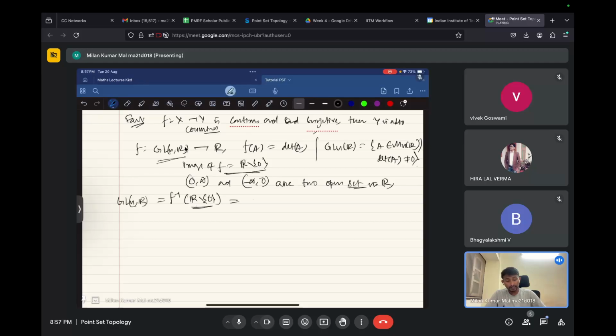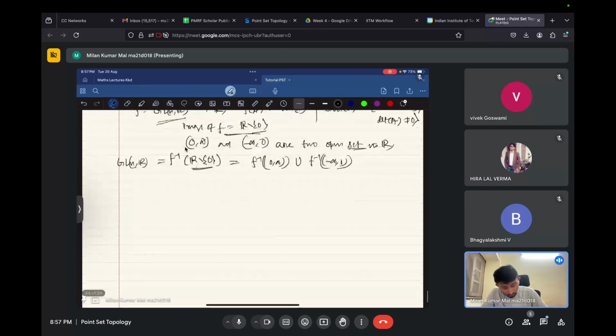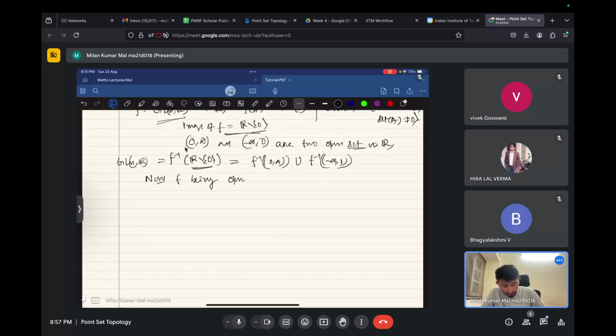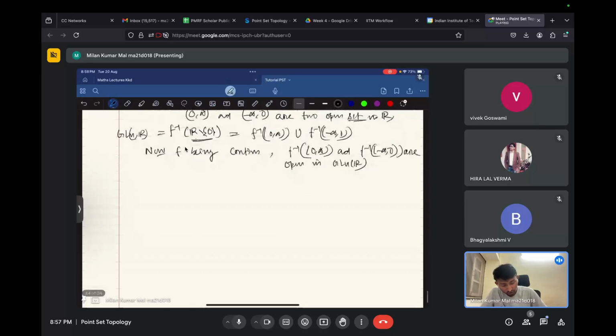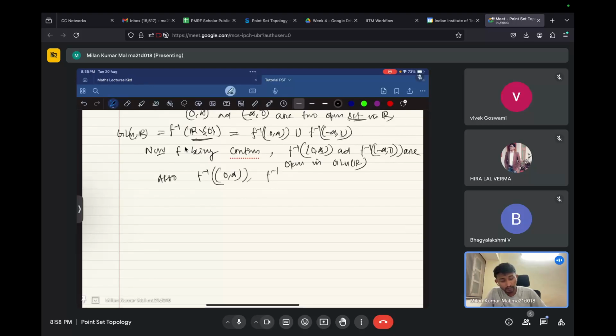R minus 0 is the image, and that is the same as f inverse of (0, infinity) union f inverse of (minus infinity, 0). Now f being continuous, f inverse of (0, infinity) and f inverse of (minus infinity, 0) are open in GLNR, and also these are non-empty.